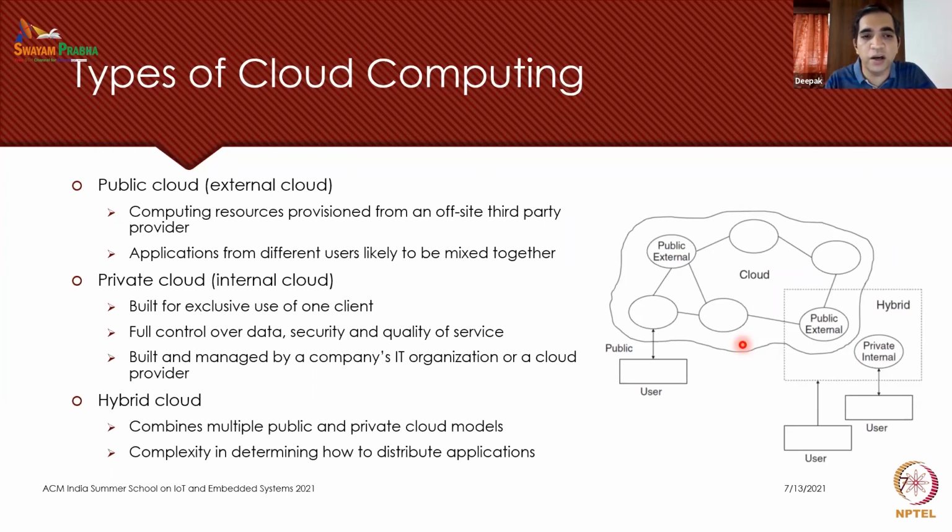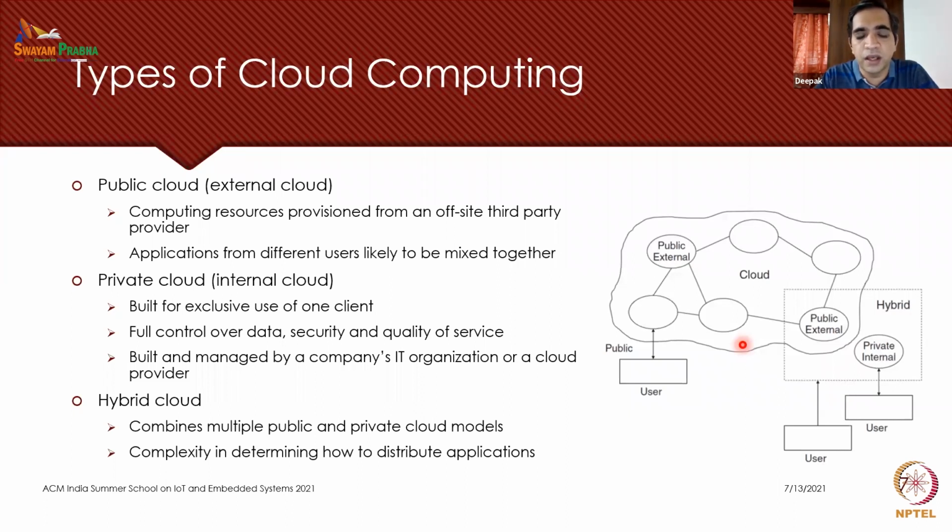So once the user asks for some service in the public cloud, this third party provider, which is an offsite provider, would allocate some resources and provide whatever service the user wants.